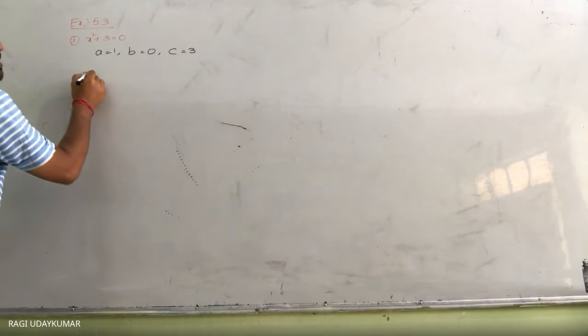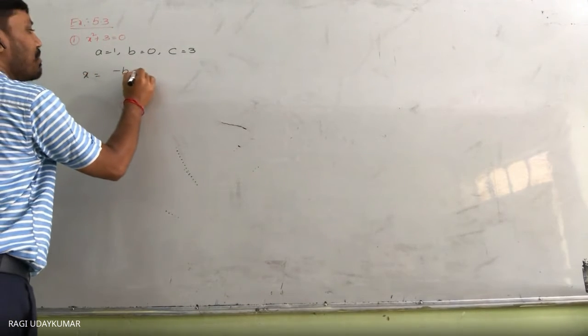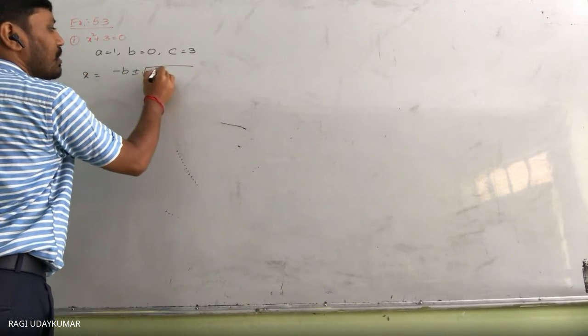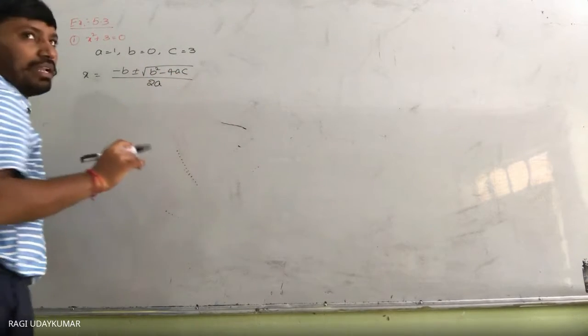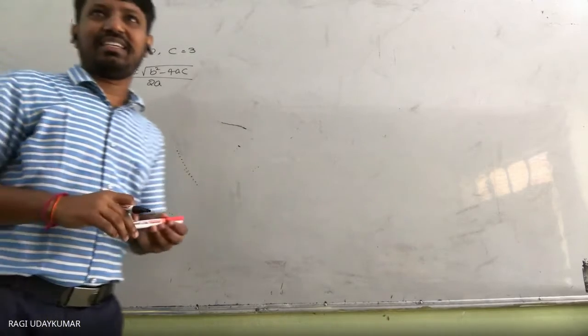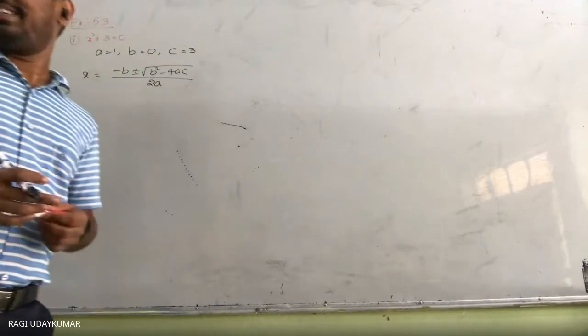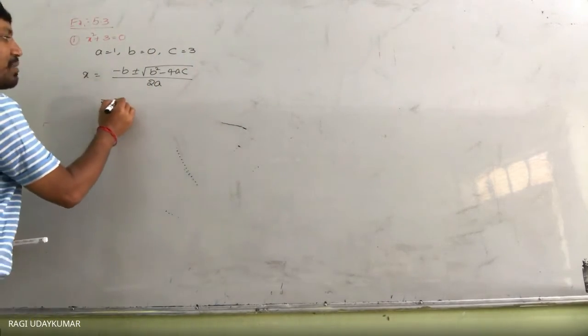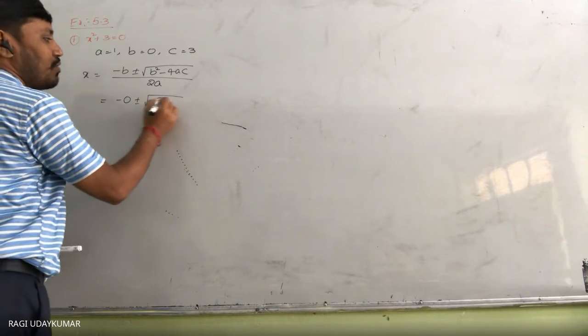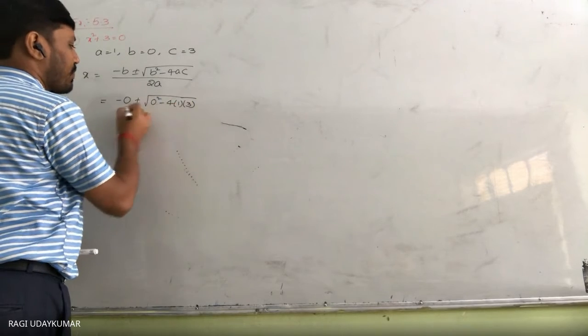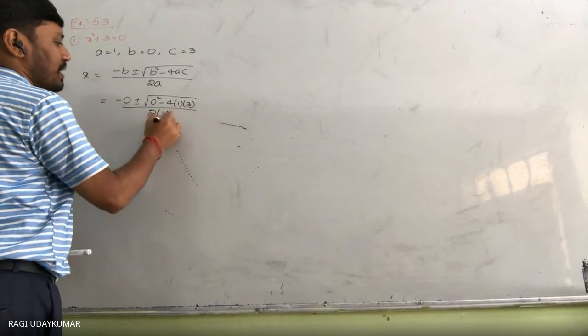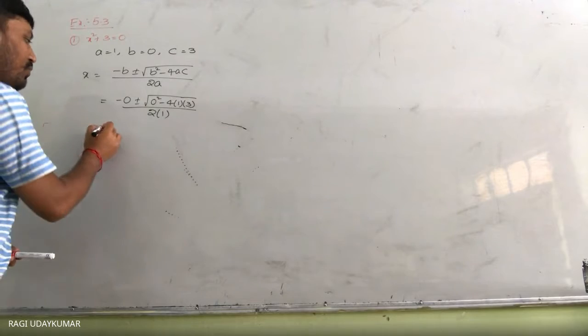For the roots, you can directly take minus b plus or minus under root of b square minus 4ac, by 2a. I am taking this formula only. Minus b is minus 0, plus or minus under root of 0 square minus 4 into 1 into 3, by 2 into 1.